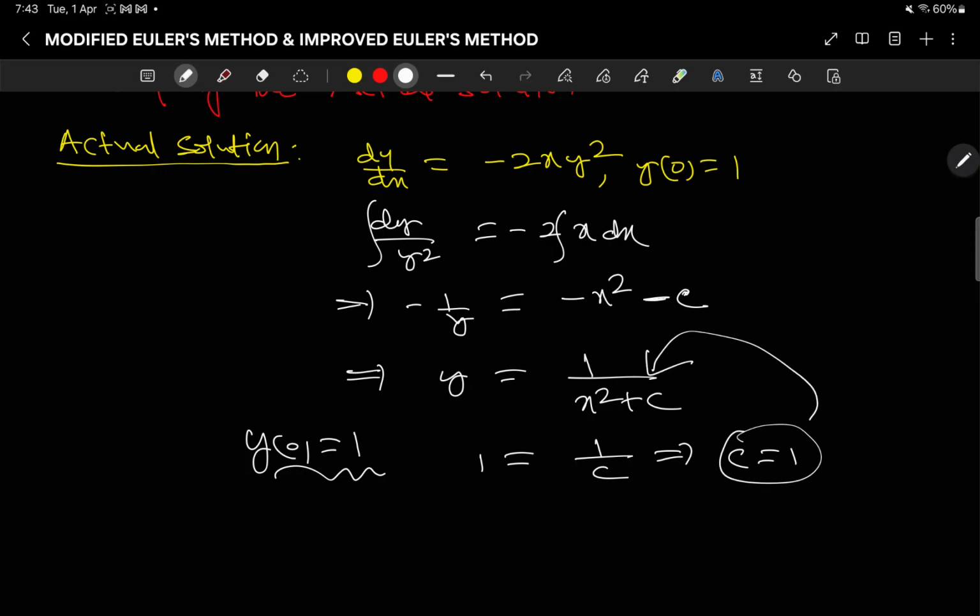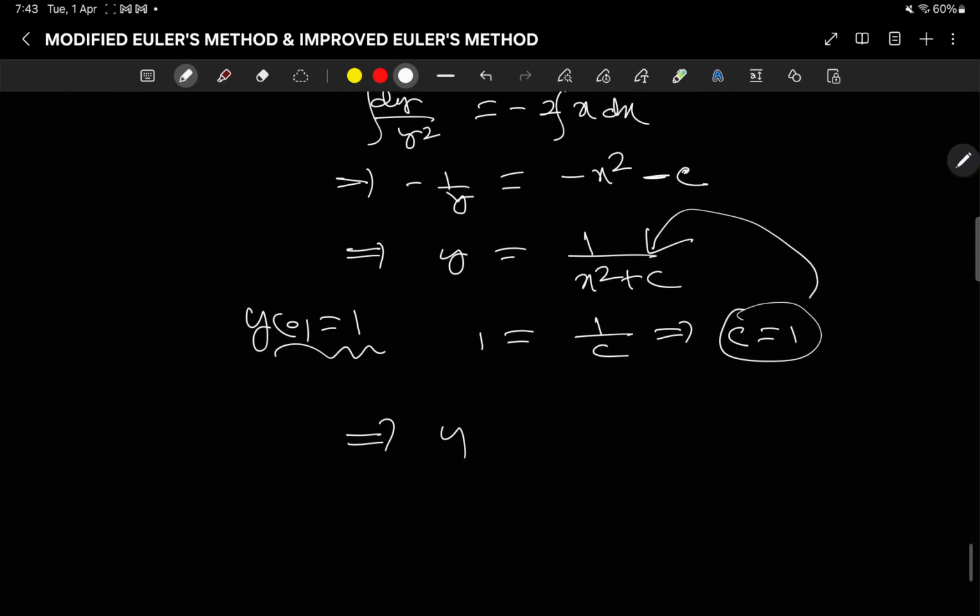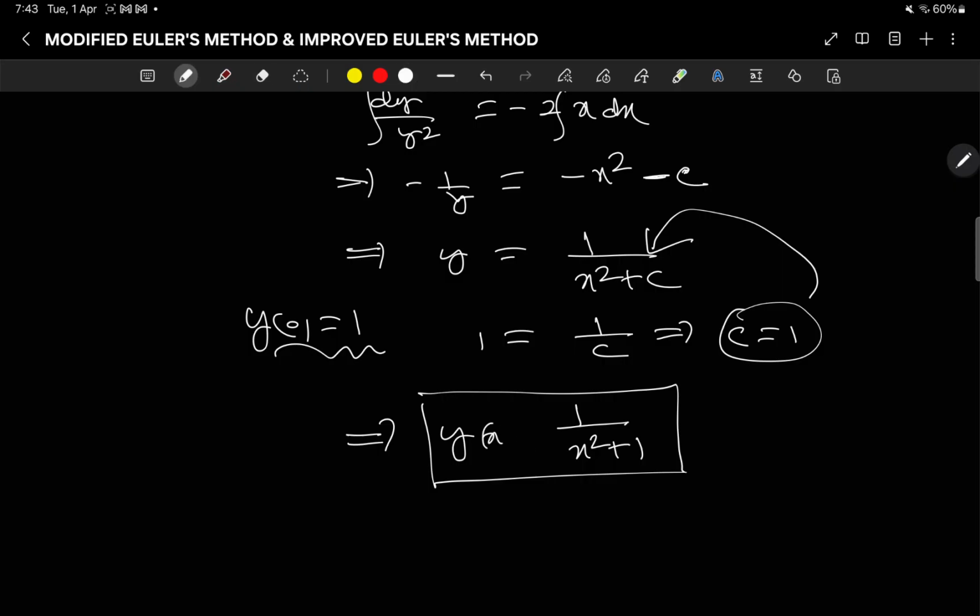I substitute the value of c here. So this implies my y is equal to 1/(x² + 1). So this is my actual solution, y(x).